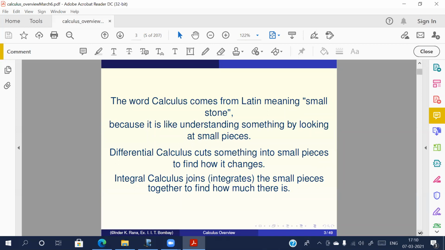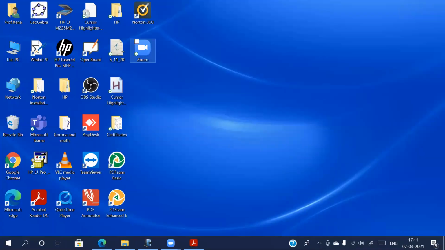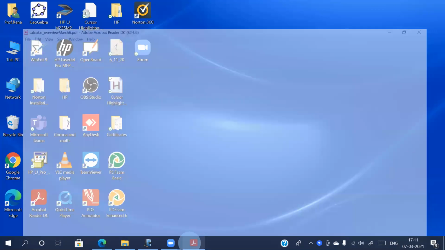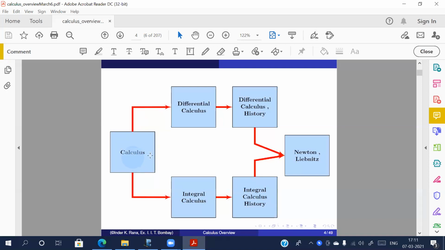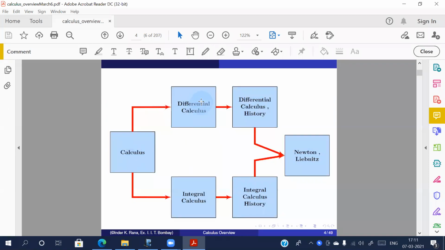So let me give you a summary of what I want to do today in this lecture. The topic is calculus. As I said, it has two parts: differential calculus and integral calculus.